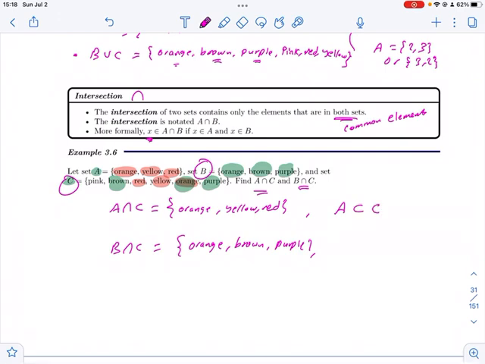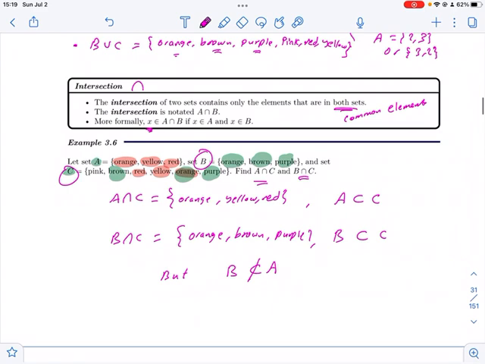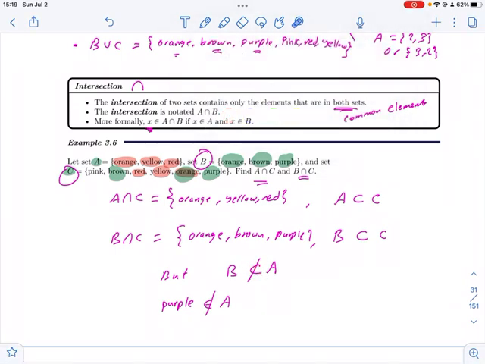But B is not a subset of A. And the element, for example, purple, this is an element, does not belong to the set A. So pay attention to the notation that we use, contained or not contained. By the way, I can put equality here, but that's because this is properly included or subset, we don't need to put it. This is an element, so we use belongs to or element of, and it's not an element of A. That means we cancel it.